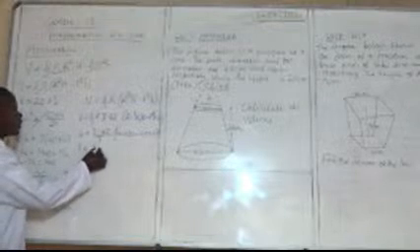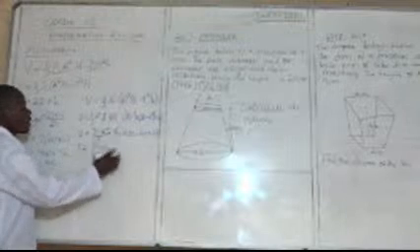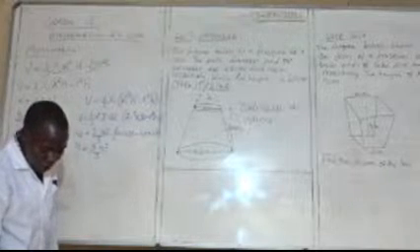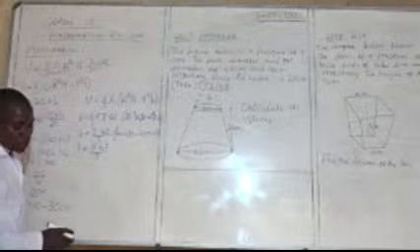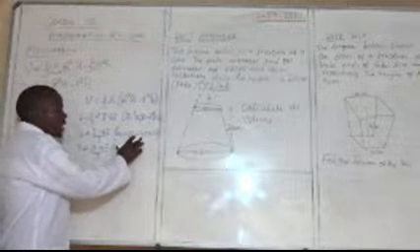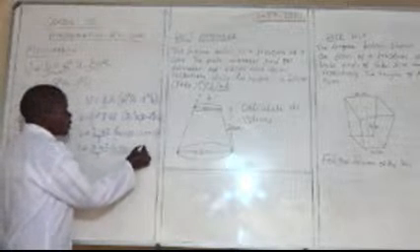So V, which is volume, we have 3.142 over 3, 441 times 30, we get 13,230, minus 49 times 10, which is 490.